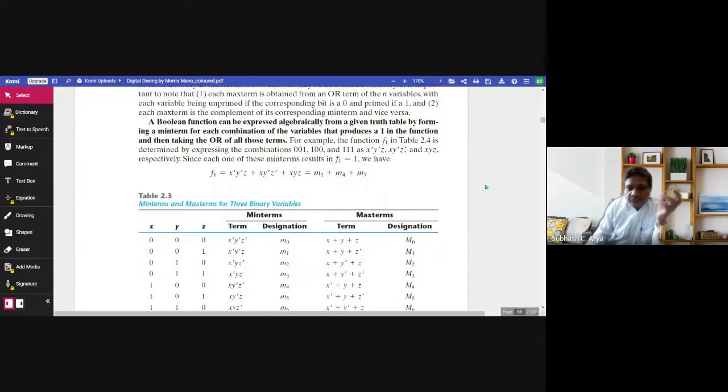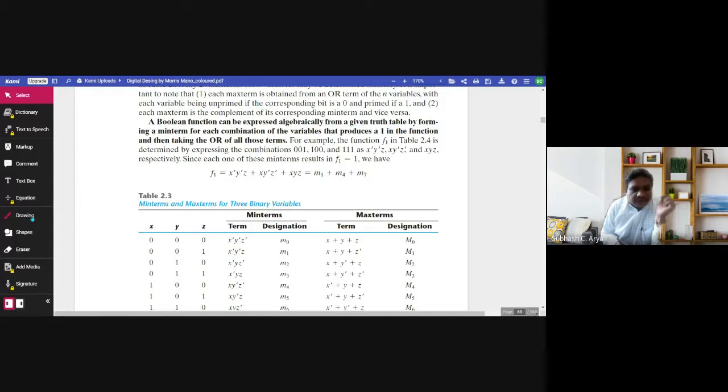Thereafter, we came to know that a Boolean function can be expressed algebraically from a given truth table by forming a minterm for each combination of the variables that produces a one in the function, and then taking the OR of all those terms.